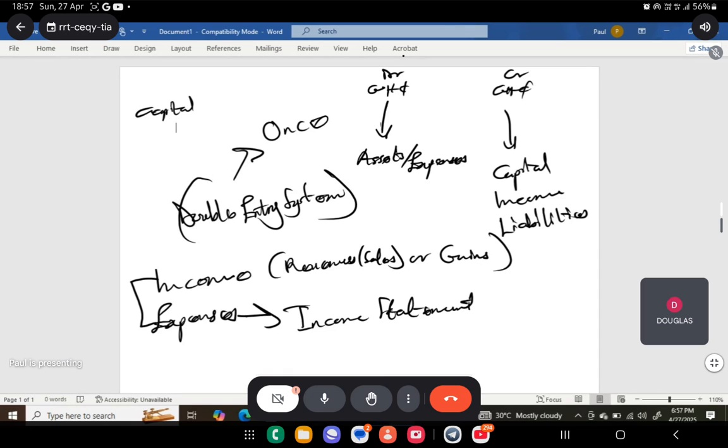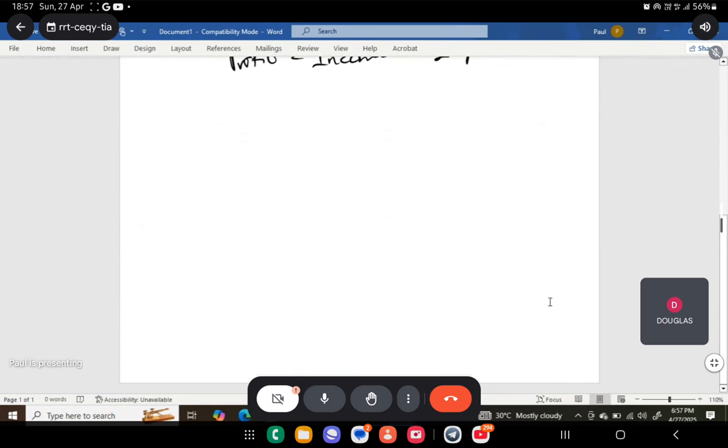And according to the matching concept, to get your profits, we should match all our expenses against our income. We did matching concepts. So that's the same application we are coming to do here.